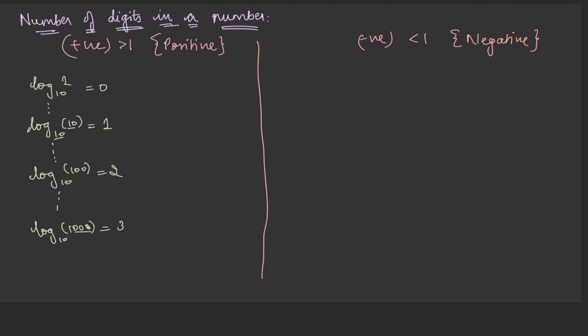Let's take some value between 10 and 100, for example log of 87 to the base 10. Since log 10 is 1 and log 100 is 2, the log of 87 should lie between them, at 1 point something.